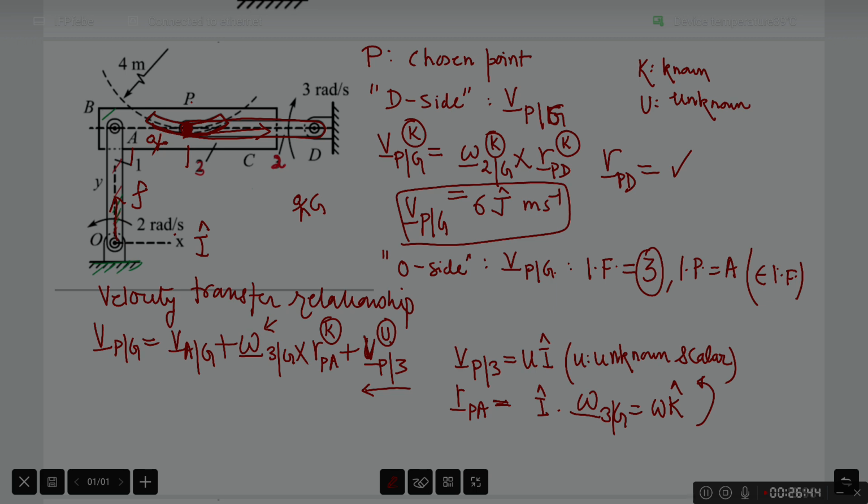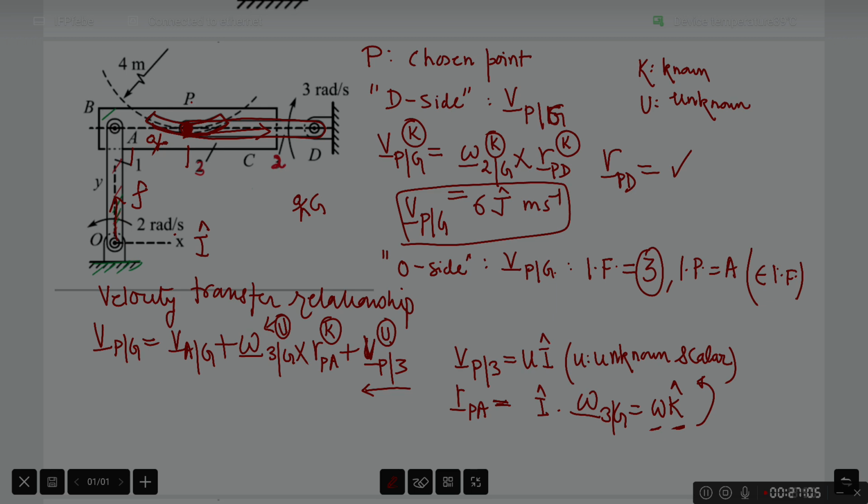Again, I have a situation in which I do not know the vector fully. I know its direction, but the scalar part is an unknown, and I keep it like that. Thus, omega 3G is still an unknown quantity. I am fine with that. I will proceed with this much understanding.